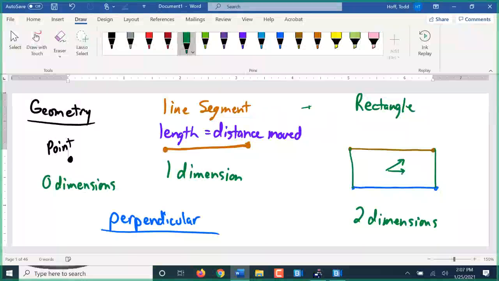There's a horizontal component and a vertical component to that movement. If you're on a flat surface, there's technically only 2 directions you can move, the positive and negatives, and combinations of the 2. The size of that rectangle depends on the length of the original segment, and once again, on the distance moved.